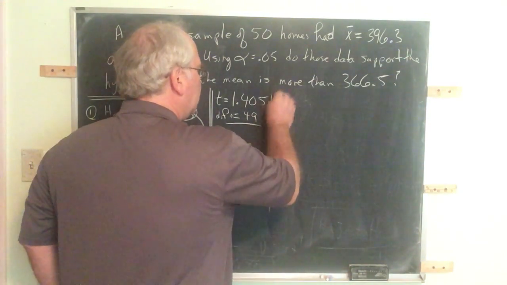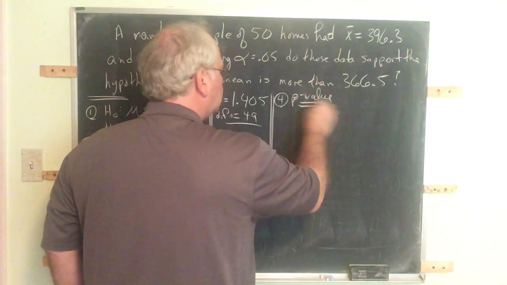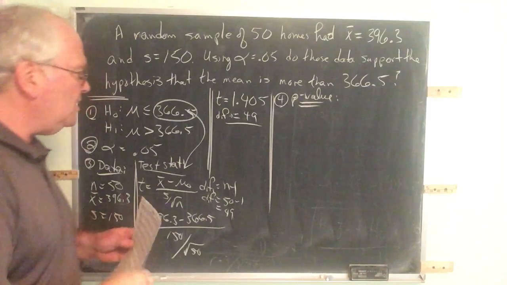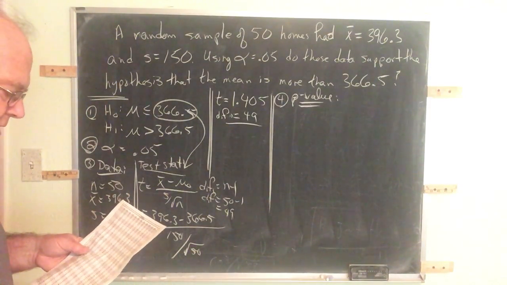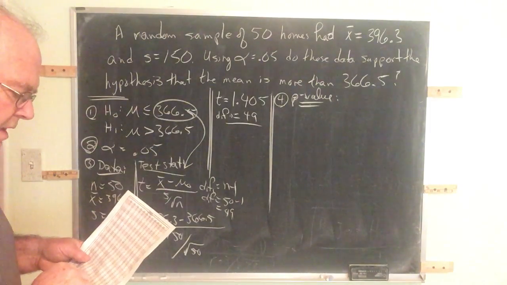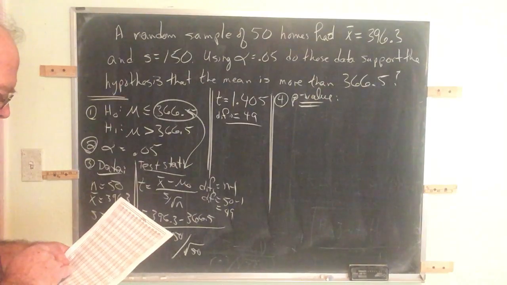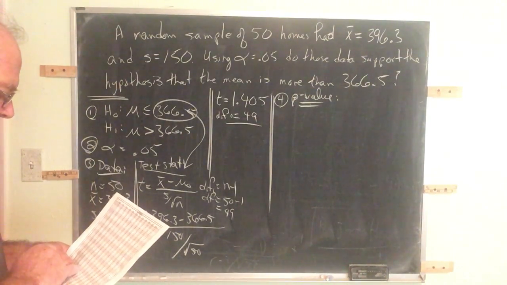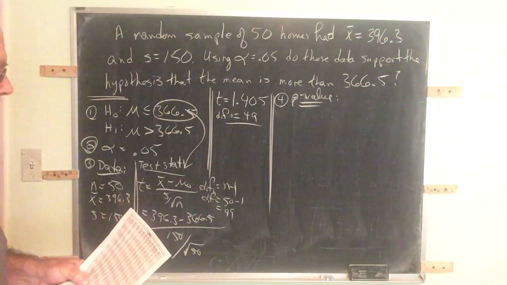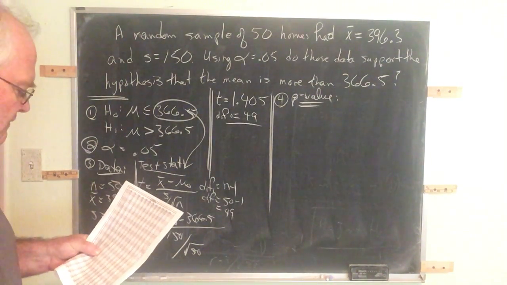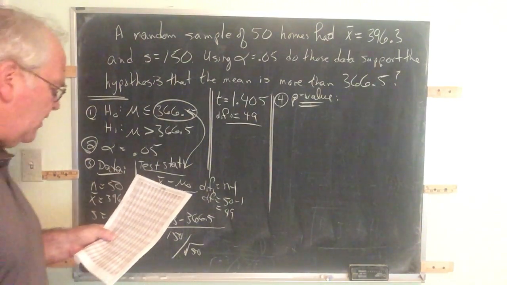And step 4 says I need to find the p-value. The p-value is in 49 degrees of freedom. I need to find the two numbers between which 1.405 falls in the 49 degrees of freedom row.